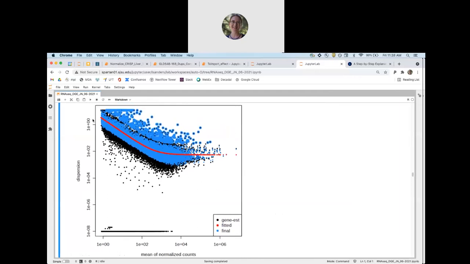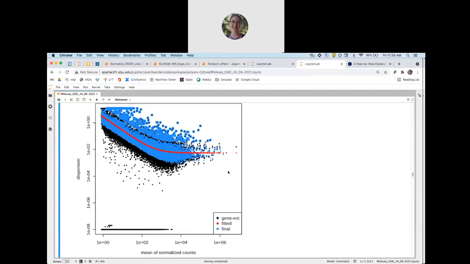The dispersion is on the y-axis, and the black dots represent genes prior to dispersion estimation, and the blue dots are the final estimates. And the red line is the fit line that was used to estimate dispersions.